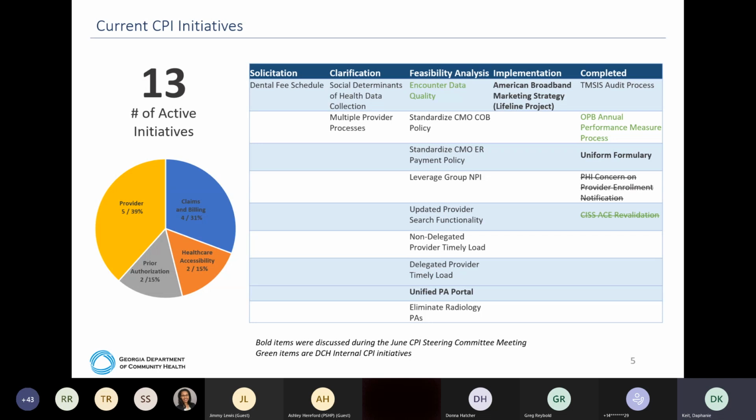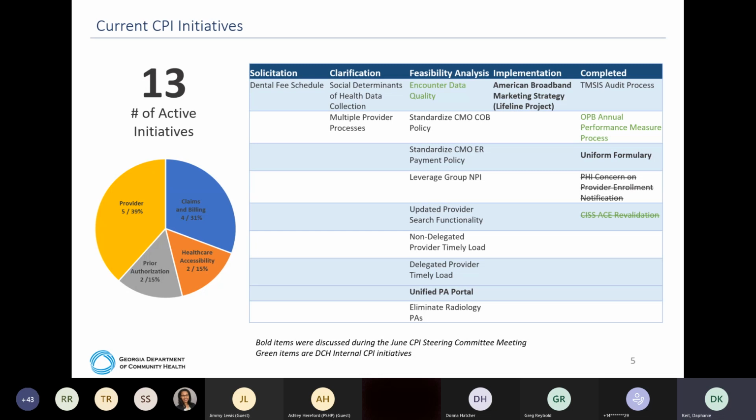The next four are related to Provider, leveraging the group MPI, the updated search functionality. Both of those are specifically related to our Provider services module implementation.